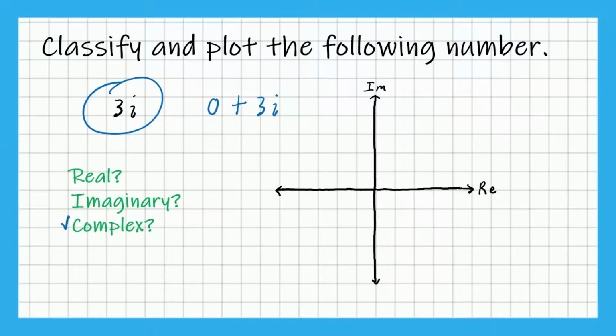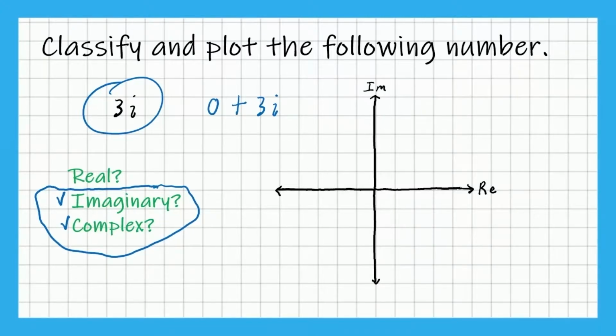Now, is this real? No, it's not, because we have the imaginary unit. But is it imaginary? Yes, it is, because it's being multiplied by that imaginary unit, i. So this number, 3i, is classified as both imaginary and complex. The only thing it is not is real.